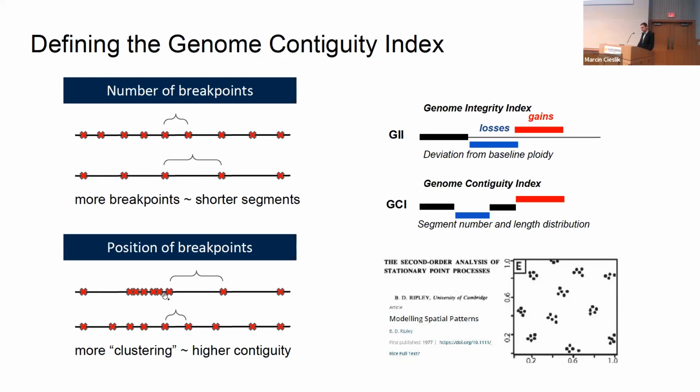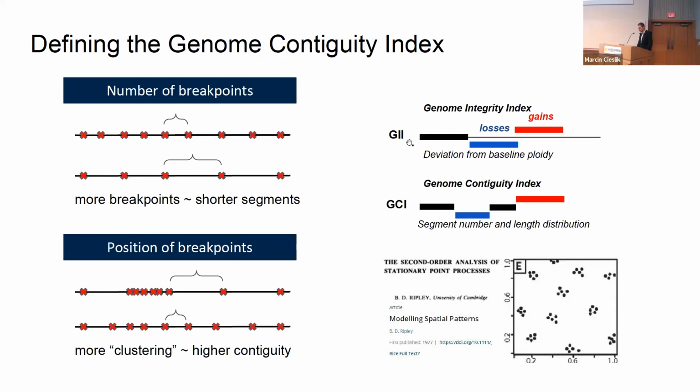You can cluster many breakpoints close to each other, thereby leaving room for the long segments to arise. So essentially, given the same number of breakpoints, if there's more clustering, there's higher contiguity. And the statistical theory here allowed us to quantify the degree of clustering of points on a line, and the theory also generalizes to more than one dimension.